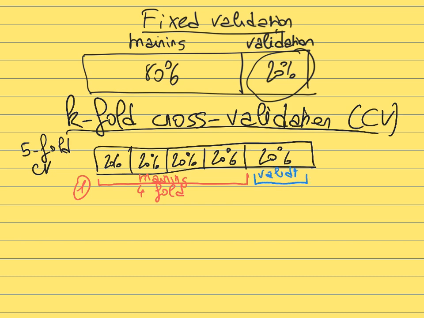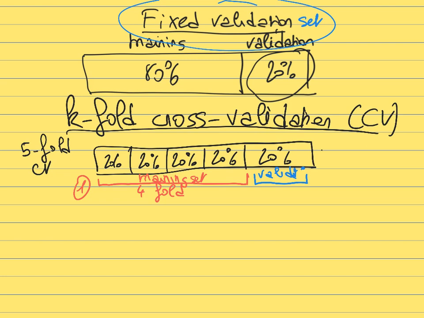So far it's exactly the same as what we did in the case of a fixed validation set. You are going to just use the first 4 folds as your training set. So in this case, this is still 80% of the data, and you are going to validate your model based on the remaining 20%.